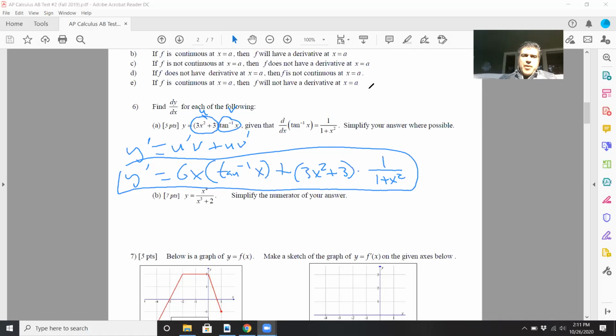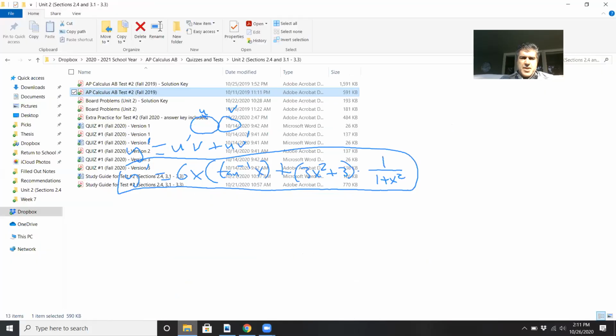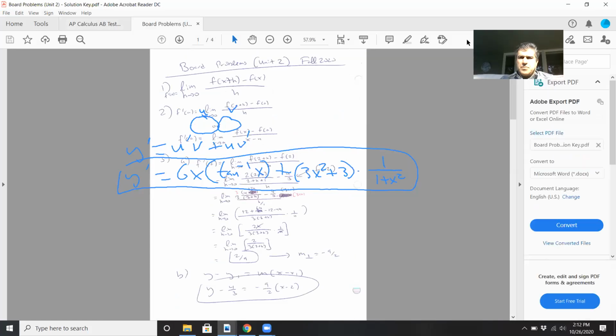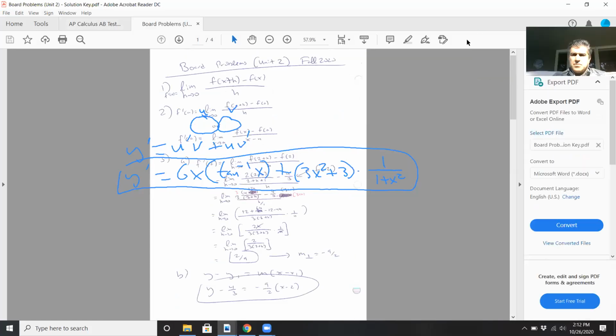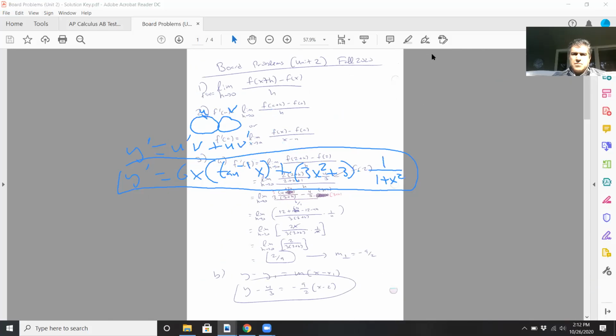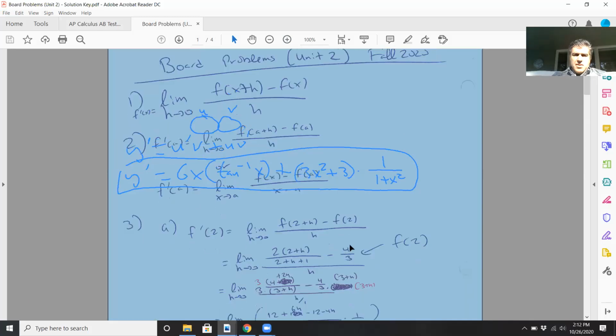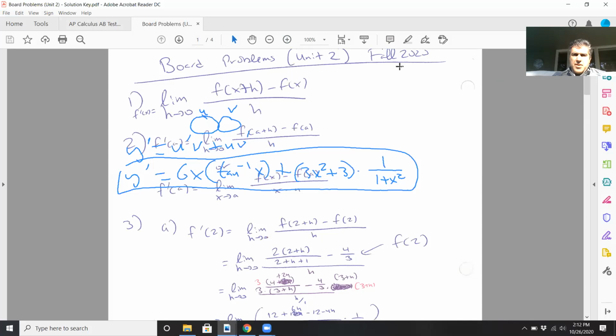Doesn't matter. Okay. So then a question came in about number 8 of the board problems. Let me put that up because there was actually a mistake I made as well. Not a big mistake. Let me pull up the solution key for that one. Okay, let me clear my screen here.